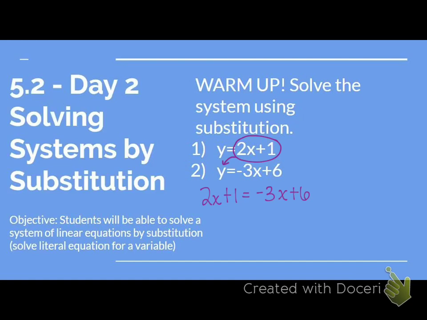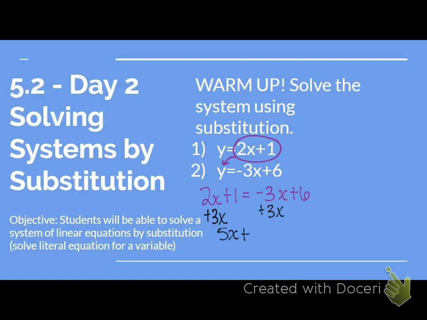Now that we've got our equation, we need all of our x's to be on the same side. How can I force that to happen? A couple different ways. Good, we could add the 3x. That's one option. If we do it to one side, we better do it to the other. After we add 3x on both sides, 2x plus 3x is 5x.